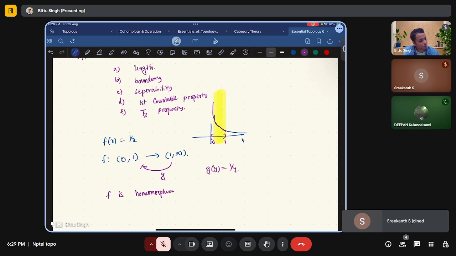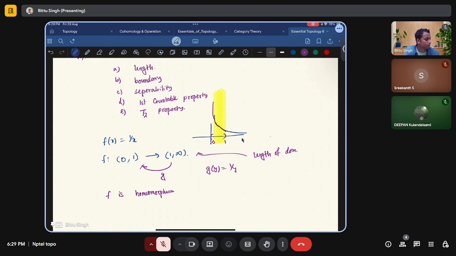So the length of the domain is equal to 1, and the codomain is unbounded, infinite. Therefore, length will not be preserved under homeomorphism.